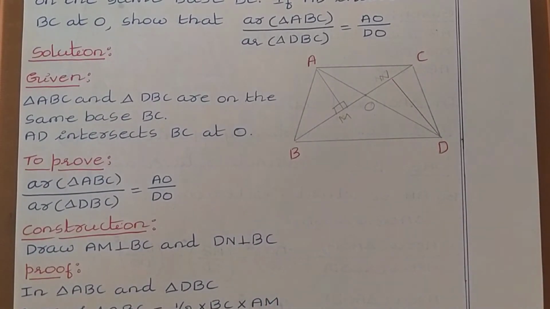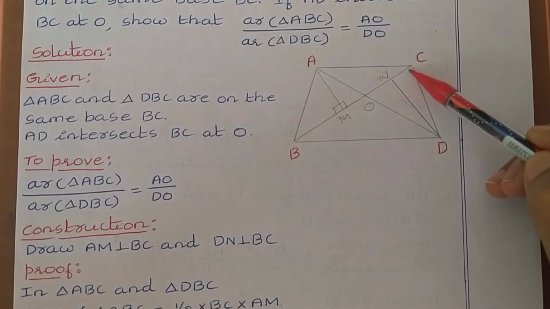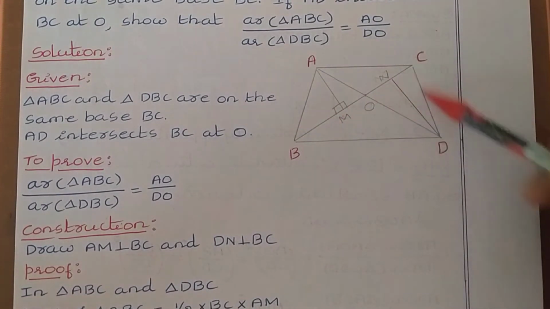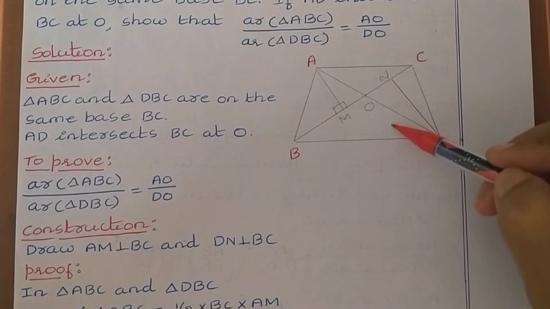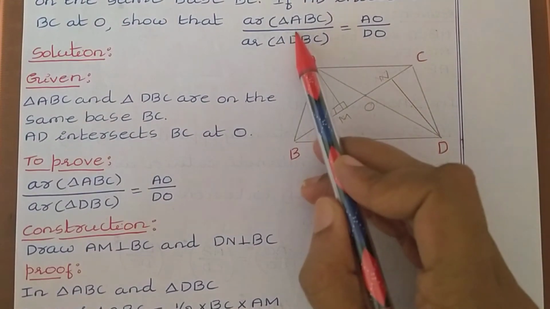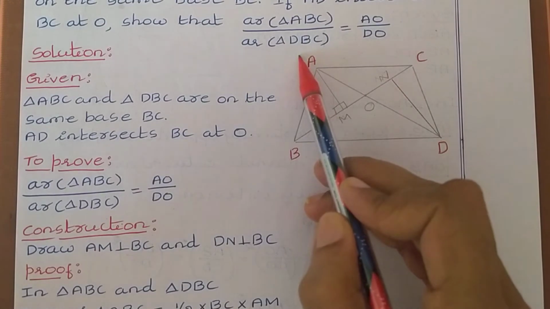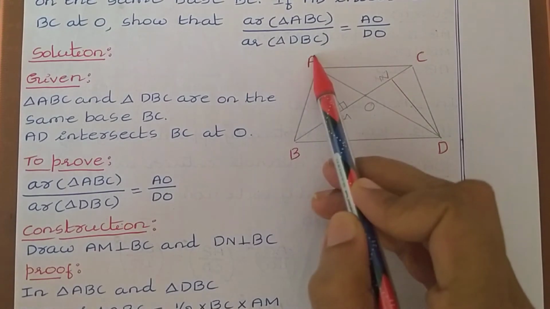Now let us write the proof. See, first I am taking two triangles, triangle ABC and triangle DBC. In these triangles, first let us write the area, because we need to show this one. So for that we need the area of triangle ABC as well as the area of triangle DBC.